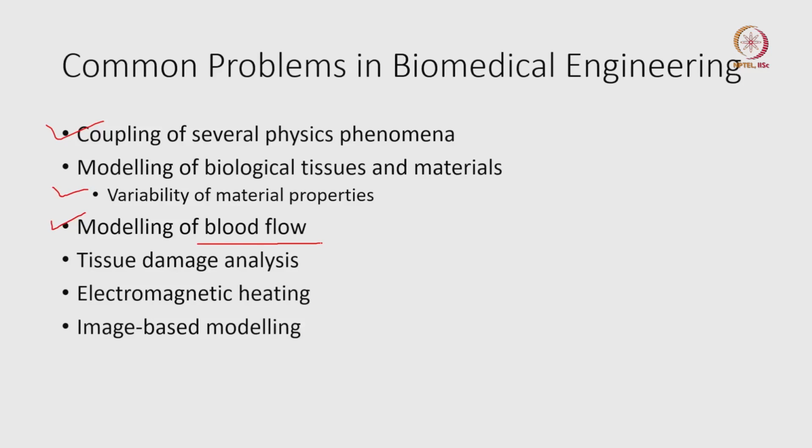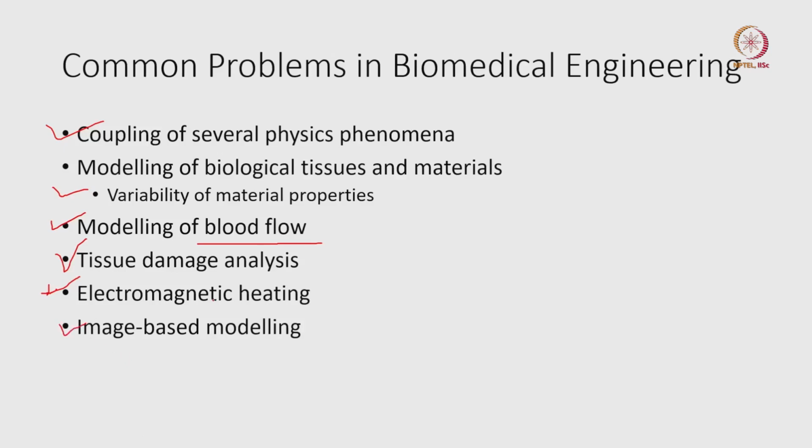Those are also a kind of challenge while you model any electrical stimulation or magnetic stimulation per se within the brain. Tissue damage analysis means how much is the extent of the damage of the tissues, if any. Electromagnetic heating, this is what we are also going to talk about, and then finally image based modeling.